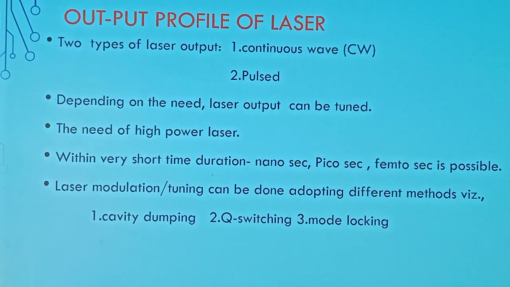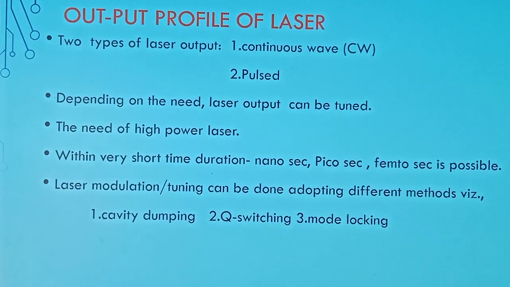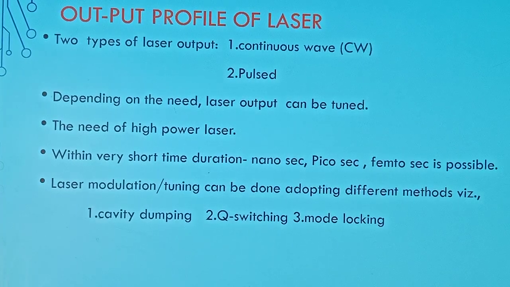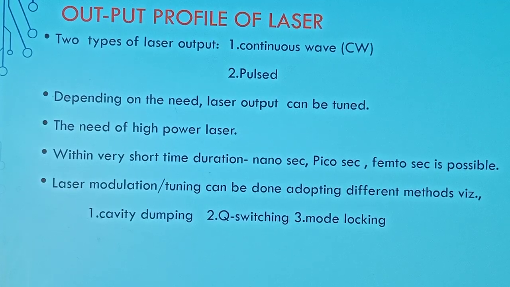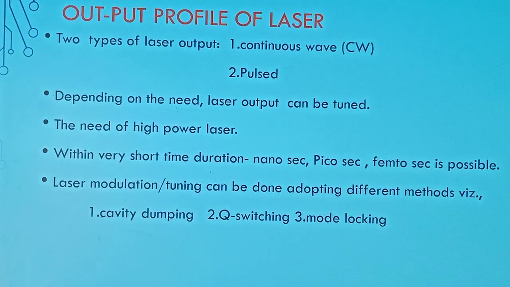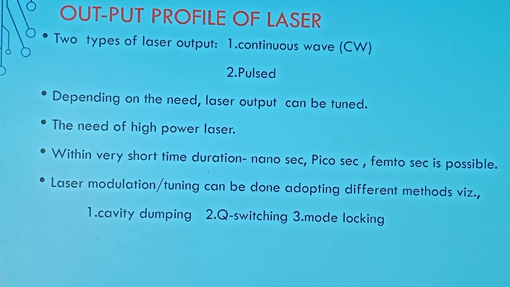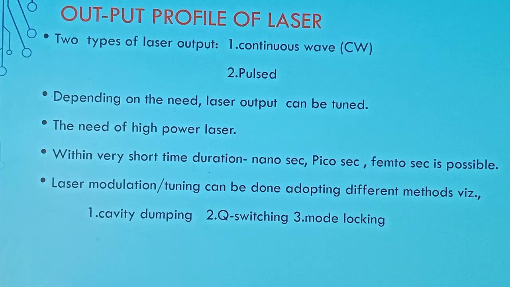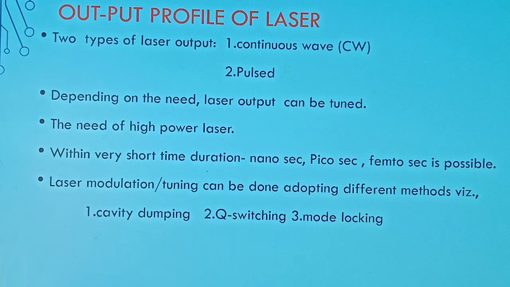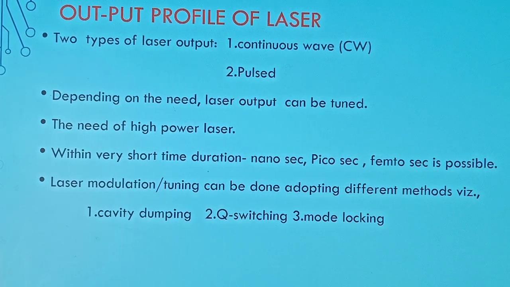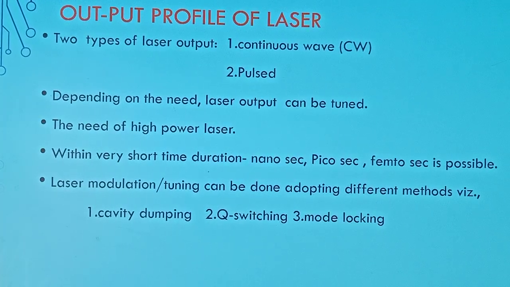So when we come to the application of laser, for a particular purpose, we need to have a particular intensity or power of the laser, or we may need it for a very short duration. When these kinds of needs arise, then the laser should be modulated such that we get the desirable output which we want.